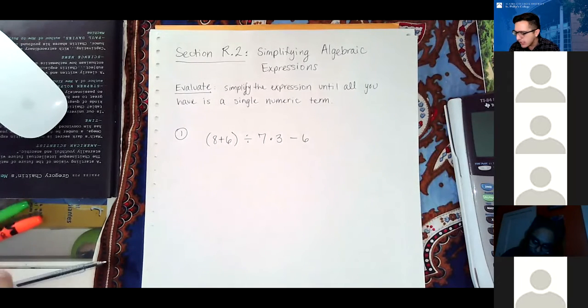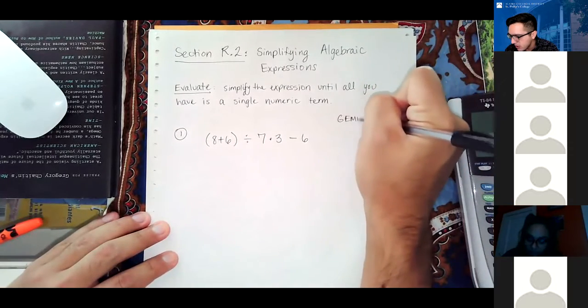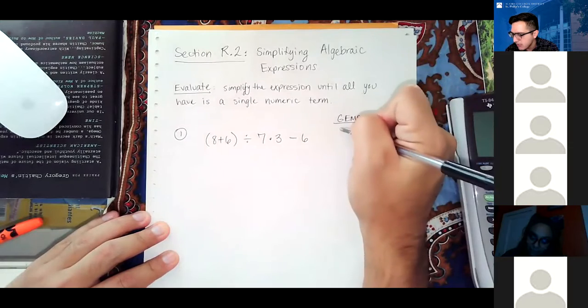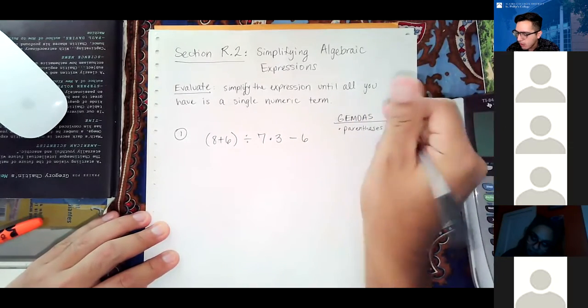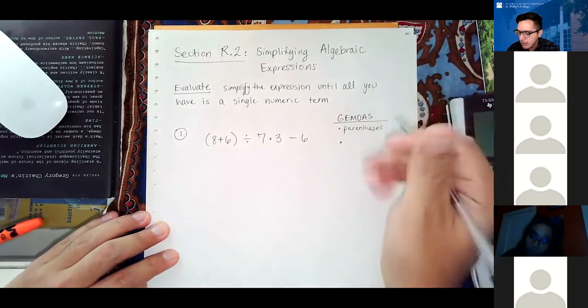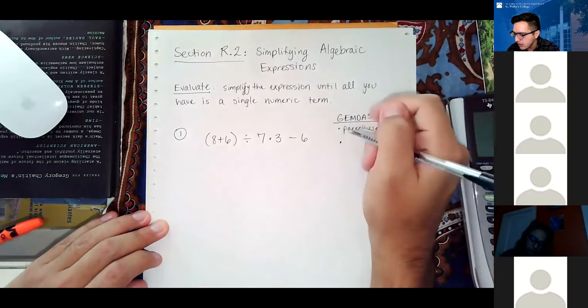Parentheses. Yeah, we need to do the parentheses first. So I like to always write GEMDOS down just to guide me. And we need to do the G first, which is the grouping symbols. And in this case, it's parentheses. And so our roadmap will be, we'll work on the parentheses. Are there any exponents? Well, no. There's multiplication and division.